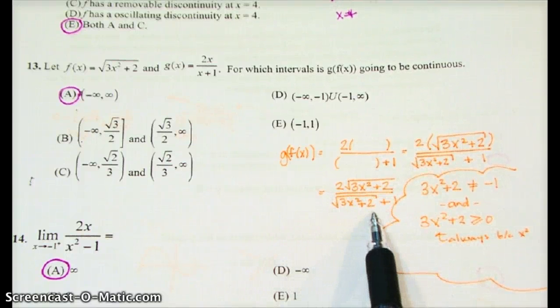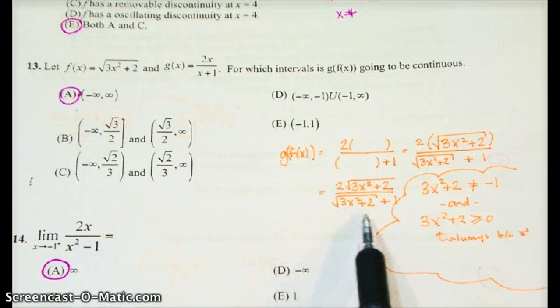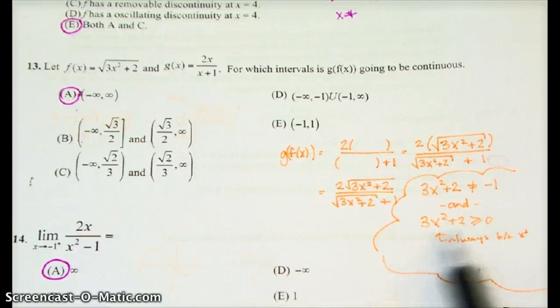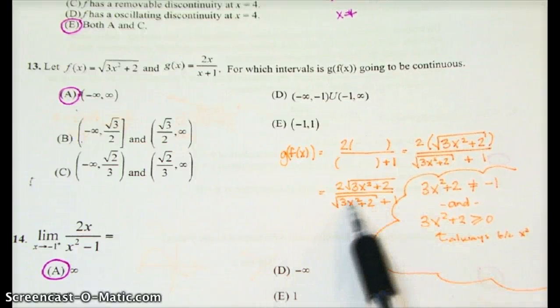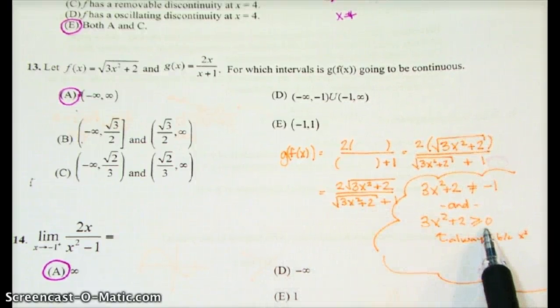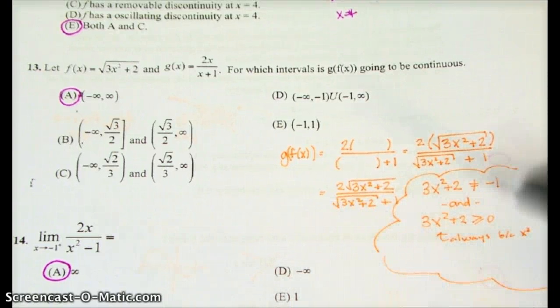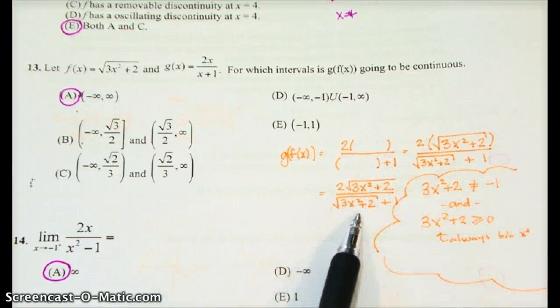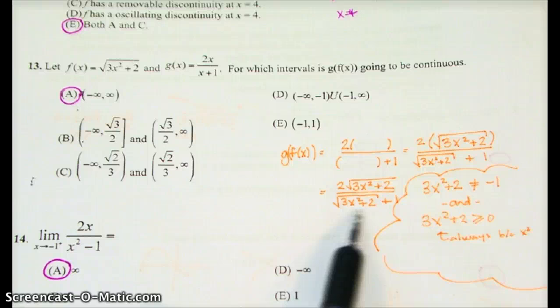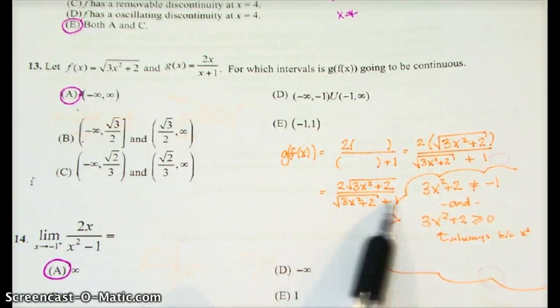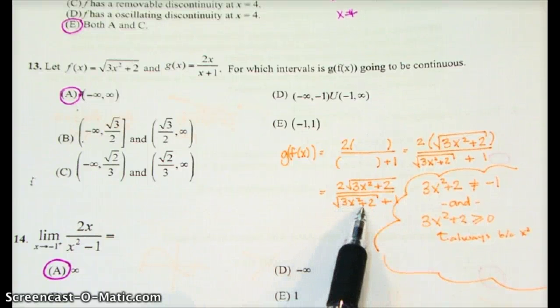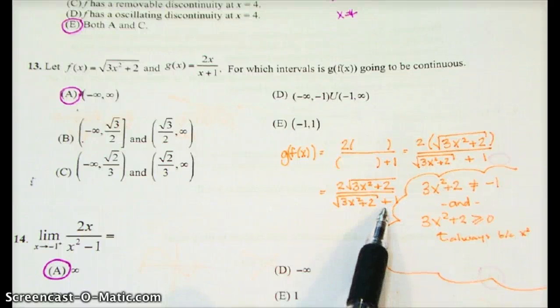Now I think about domain rules. I know that the rule for domain is that you can't have a negative inside of a square root. So I wrote this expression right here to say that the bottom here has to be positive. And you also can't have 0 on the bottom of a fraction. So I'm going to have to treat these two rules separately. First of all, let's think about 0 on the bottom. If I was going to get 0 on the bottom of this fraction, that would mean that the square root of 3x squared plus 2 plus 1 would equal 0.